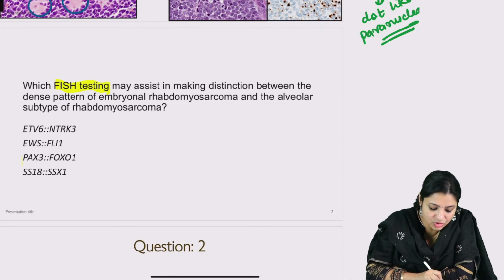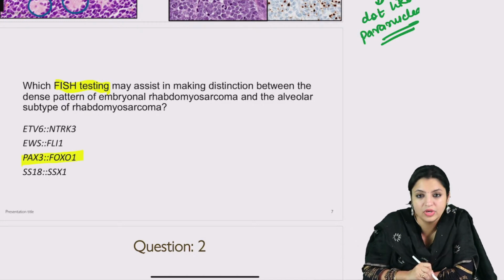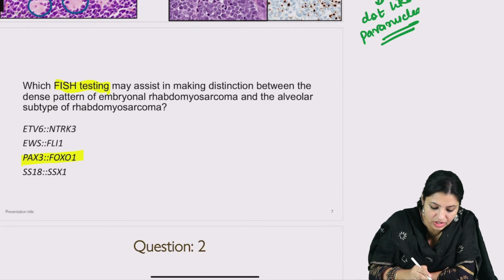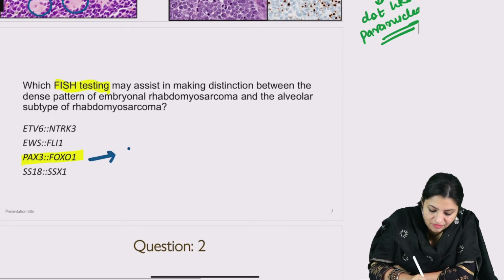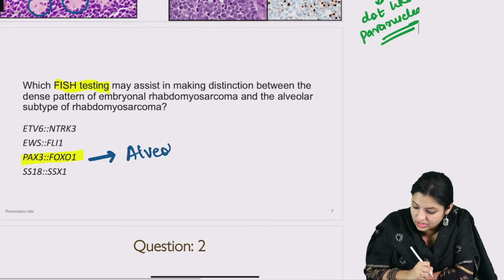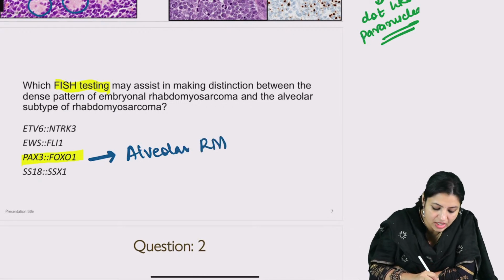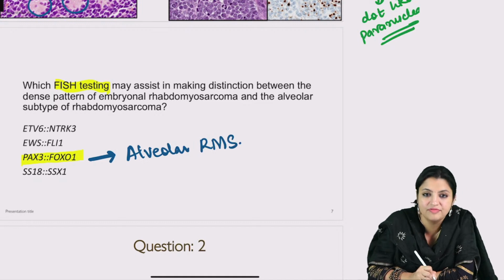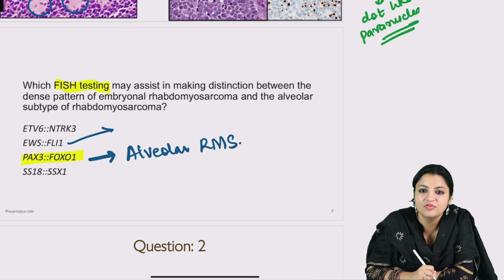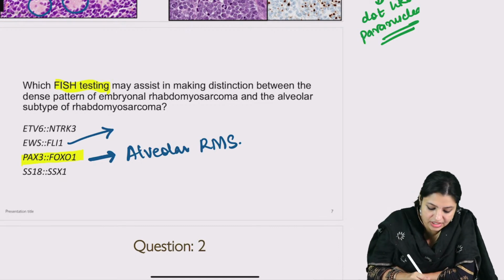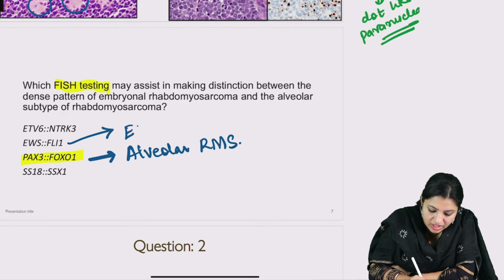Remember this mutation: PAX3-FOXO. Everybody should remember this. PAX3-FOXO is a very typical mutation present in alveolar rhabdomyosarcoma. Now, the mutation EWS-FLI1: EWS is Ewing sarcoma, FLI1 is Friend leukemia virus integration gene, and this is a very typical mutation for Ewing sarcoma.